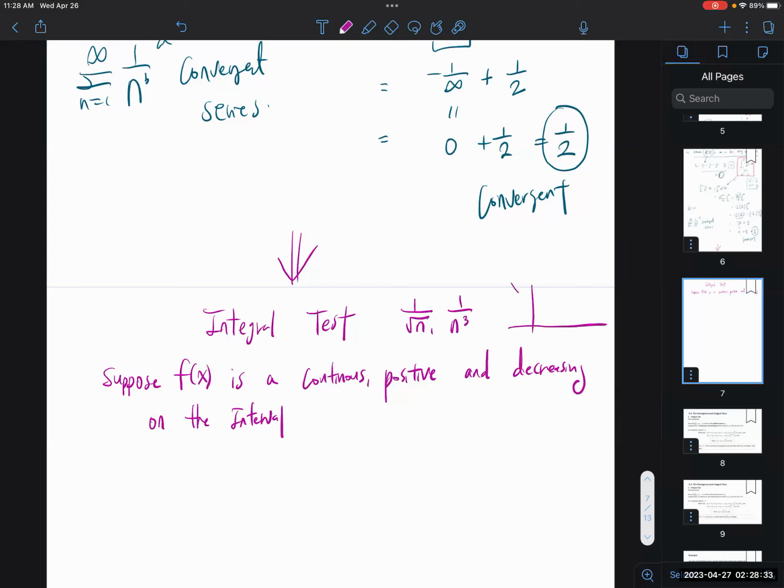When you look at the graph, they are positive, continuous, and decreasing. When you have this satisfied, then the integral test is going to work. If you have a discontinuity, if your outcome is negative, or if you have an increasing function, the integral test is never going to work.